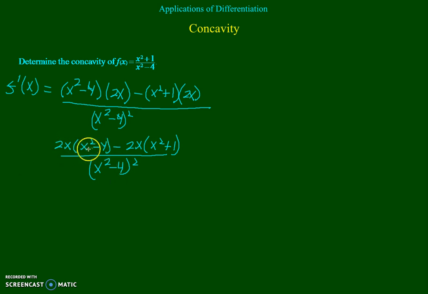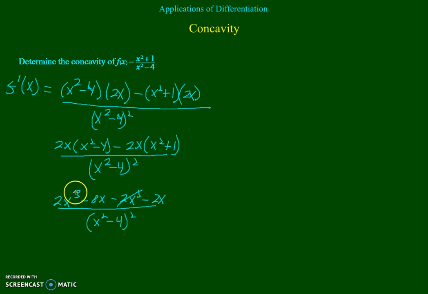So let's go ahead and distribute these values in the numerator and see if there's some cancellations we can get. So this times this is 2x to the third, and this is minus 8x, and this one is minus 2x to the third minus 2x, and that is all over x squared minus 4 squared.